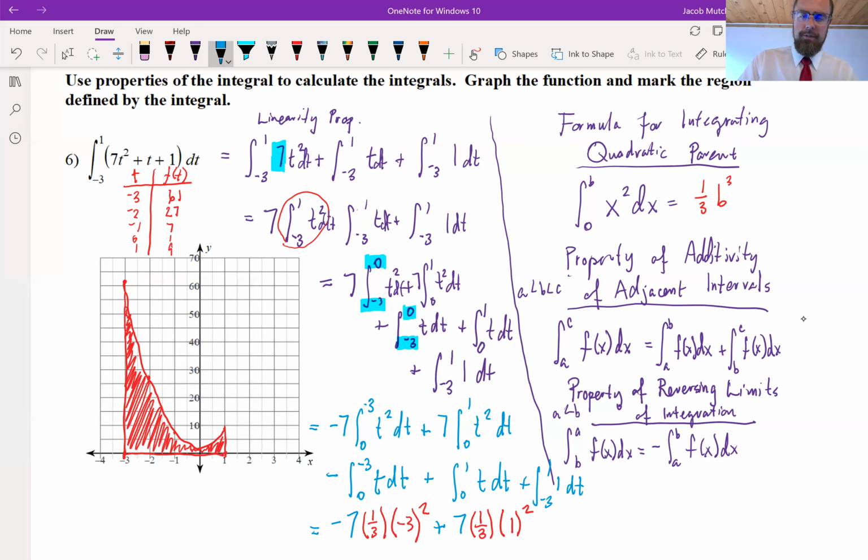Minus the integration of my linear parent now. So remember, that one was half times -3 cubed, or I'm sorry, squared. So I do see I've made an error here with my powers for the quadratic one.